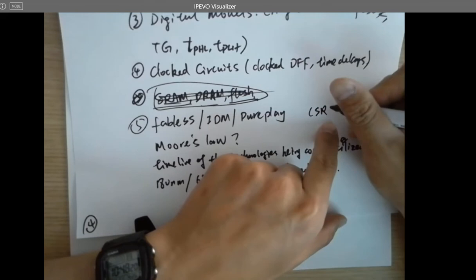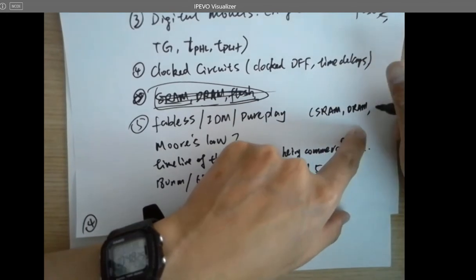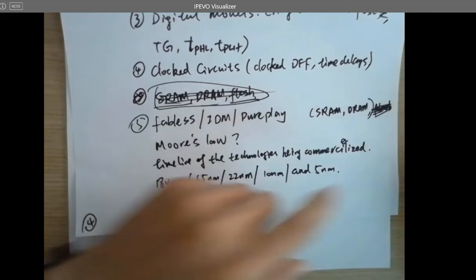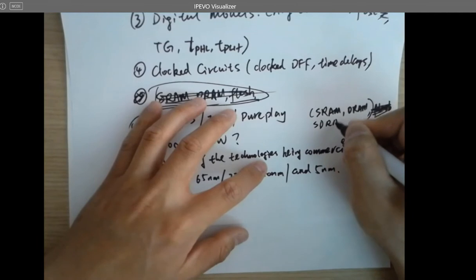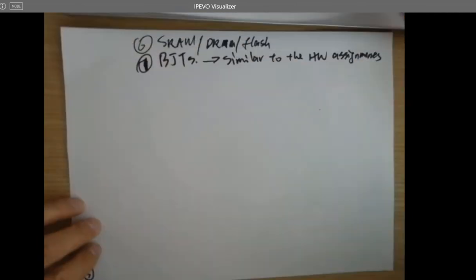So you need to know the full names of them. Flash doesn't have a name. SRAM, DRAM, SDRAM. So what are they? Right, that's the final exam.